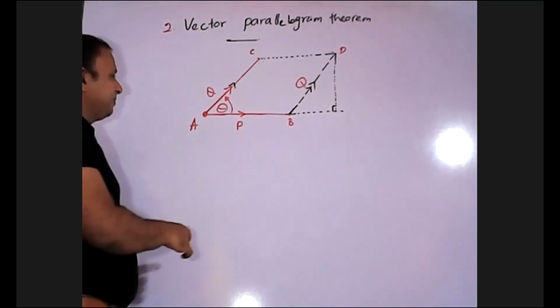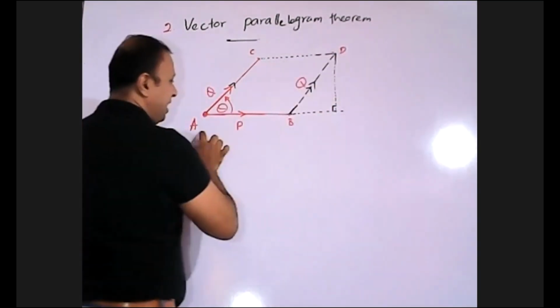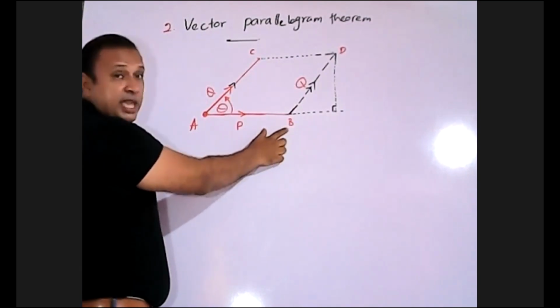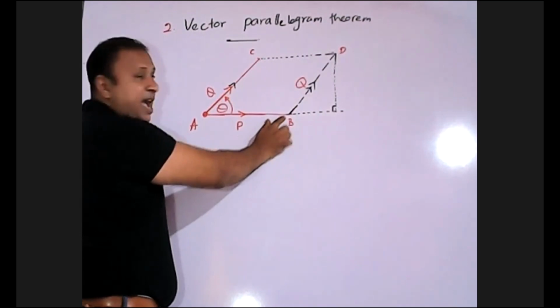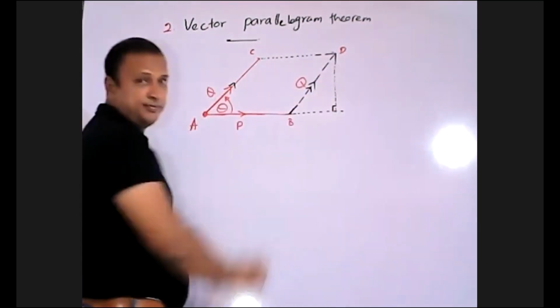See this, AB and BD. Look at this. The end point of the AB vector coincides with the starting point of the BD vector.